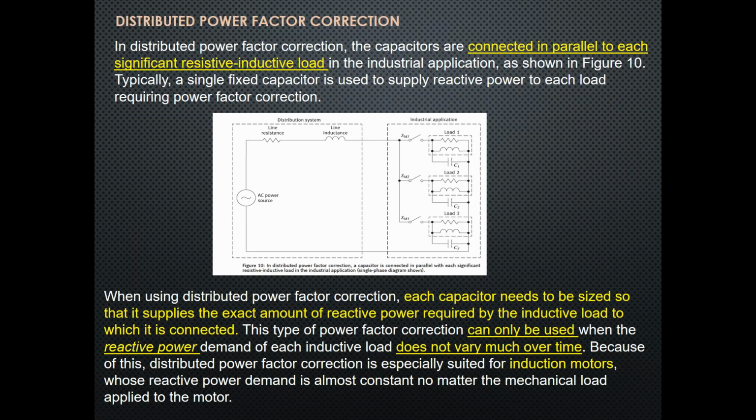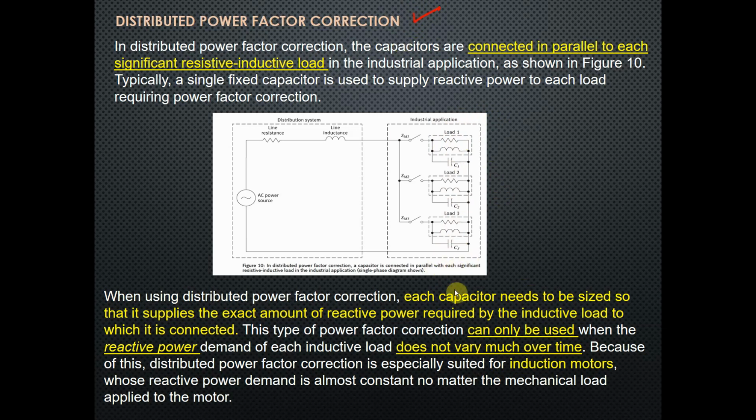There is also another method wherein they install a capacitor in parallel with each equipment. But this type of power factor correction can only be used when the reactive demand of each inductive load does not vary much over time, so we have an almost fixed load on each equipment. This is what you call distributed power factor correction.